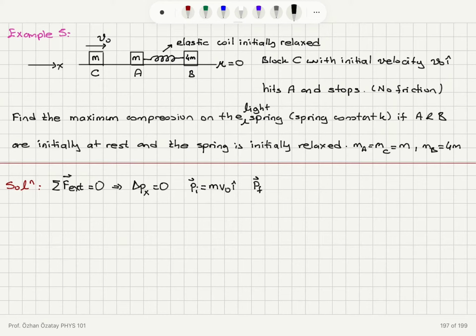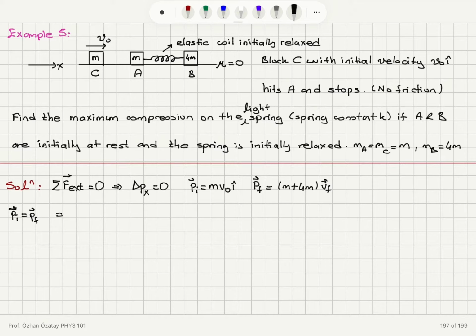The final momentum will be, because C will hit and stop, m plus 4m times v final. So initial linear momentum is equal to the final linear momentum.